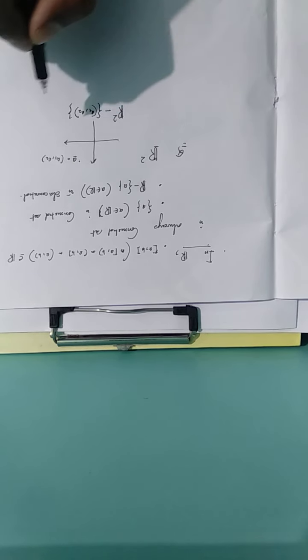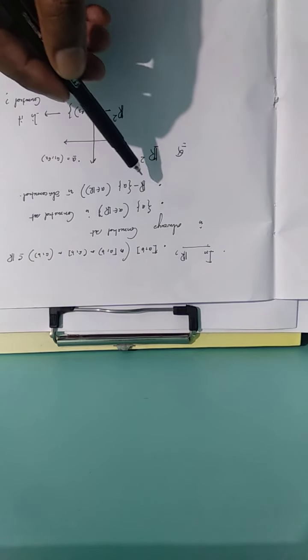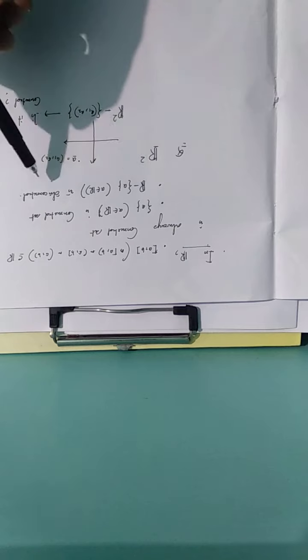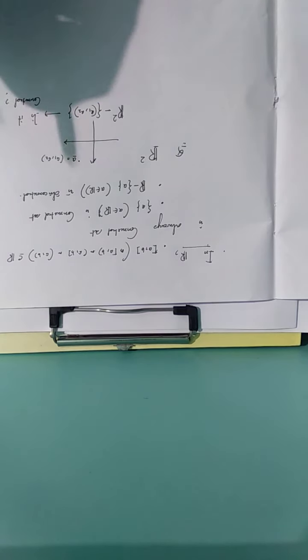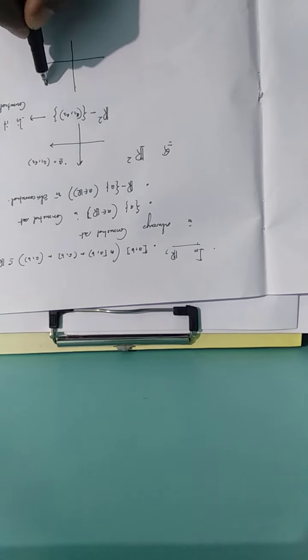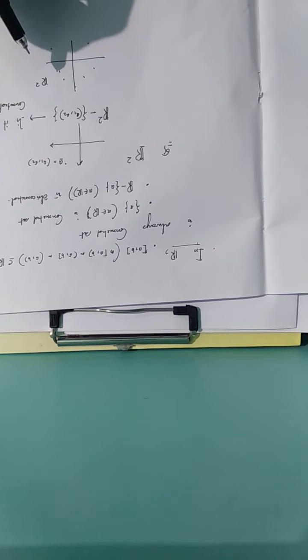So when we subtract a point from R, the set of real numbers, it is not connected. But if we subtract not only a point, but a finite number of points from R^2, that still remains a connected set.